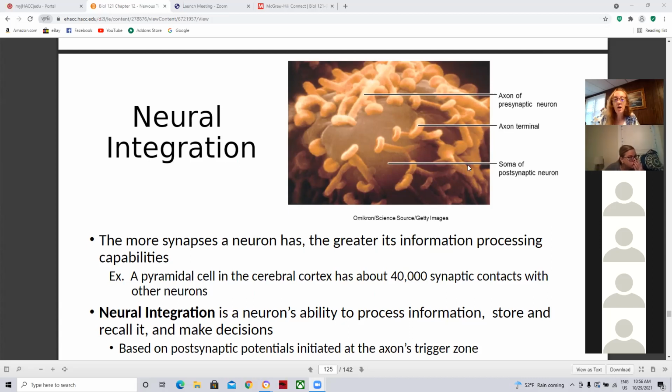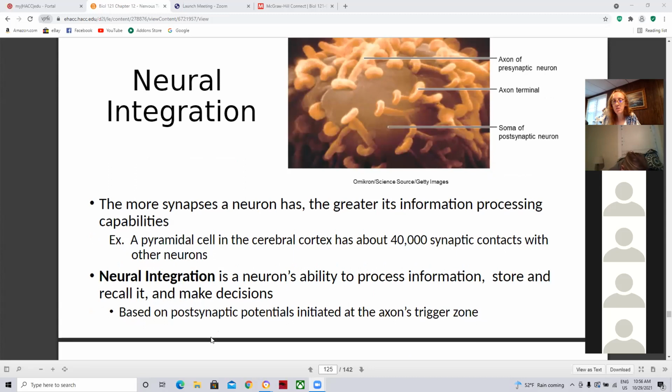A pyramidal cell in the cerebral cortex can have about 40,000 synaptic contacts with other neurons. Neural integration is the neuron's ability to process information, store and recall it, and make decisions. The decisions are based on the postsynaptic potentials initiated at the axon's trigger zone.